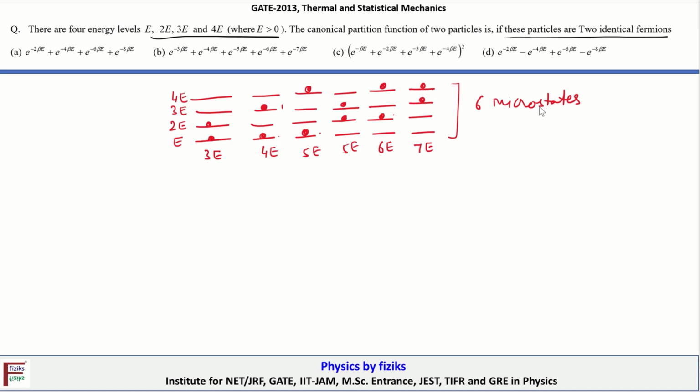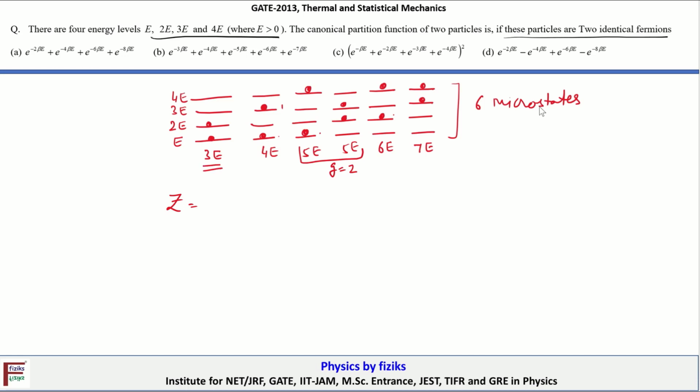Therefore the partition function is given by Z. We are having 2 microstates with the same energy, so the degeneracy for this case is g equal to 2. Let me write the partition function now, continuing from left to right.